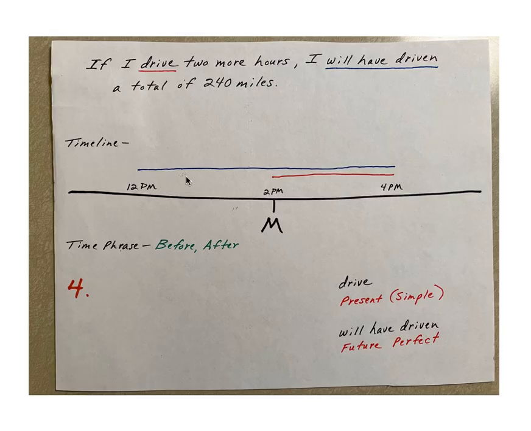So in each hour, he drove 120 miles, I mean, if he finished. Okay, so you see the timeline, you get a nice little visual, and the time phrase would be before and after the moment of speech. You have some before stuff here, and then you have some after stuff. And your verb tenses are here, in the contemporary or traditional sense. That's what you'd call it.